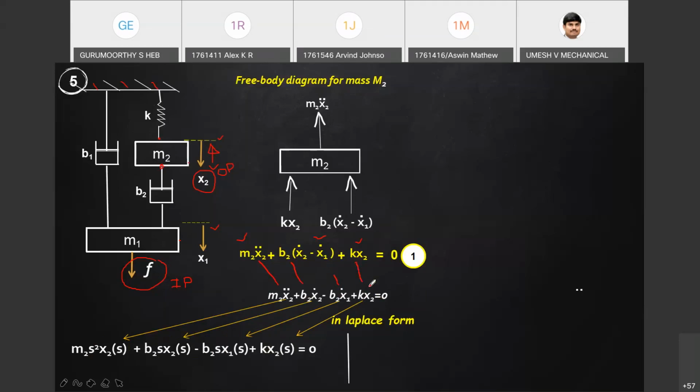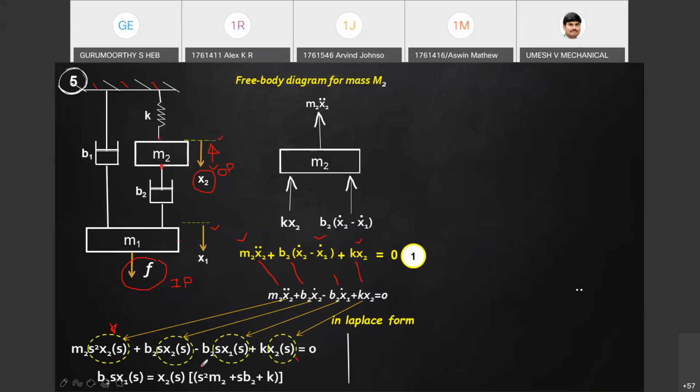Next, Laplace transform. I don't have to explain again. x2 double dot becomes s square x2 of s.